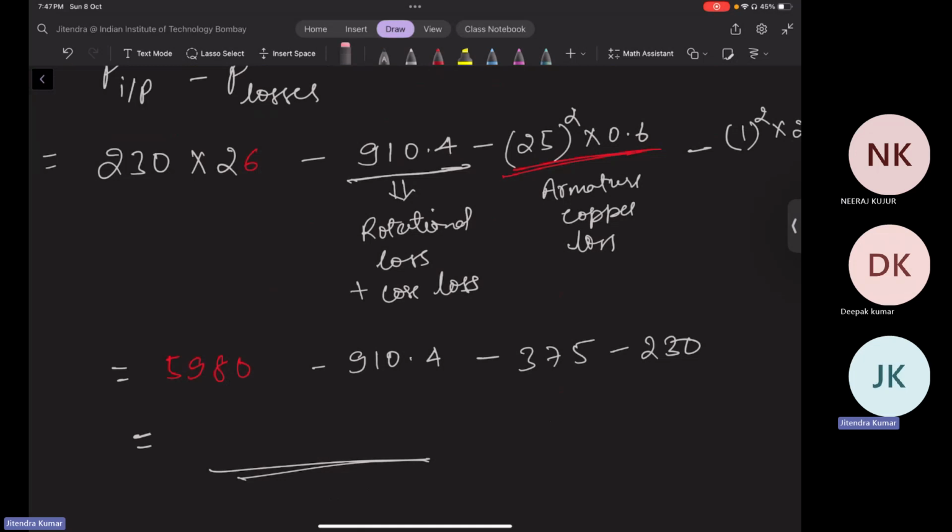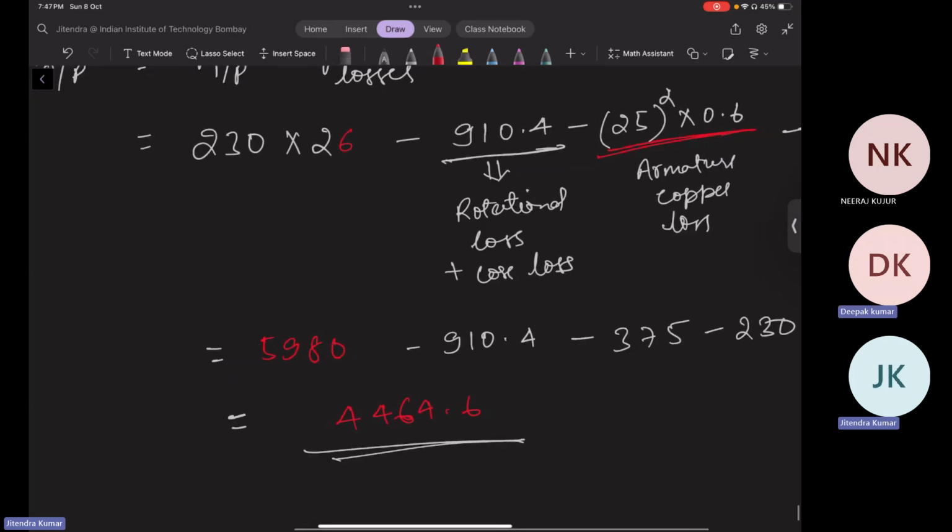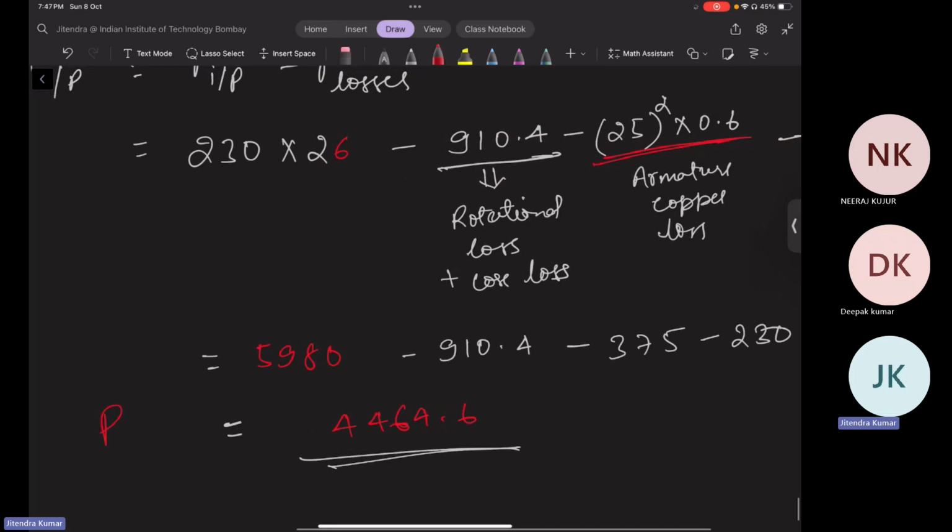What was the last value? 4234.6 plus 230. It is 4464.6. Yeah, thanks Neil for pointing this out. So it is 4464.6. Okay, so it is the output power at full load.